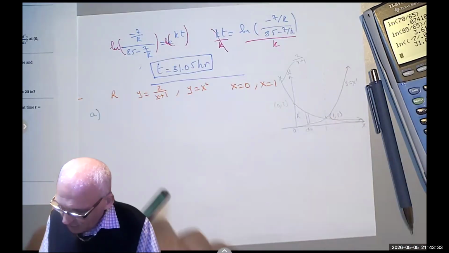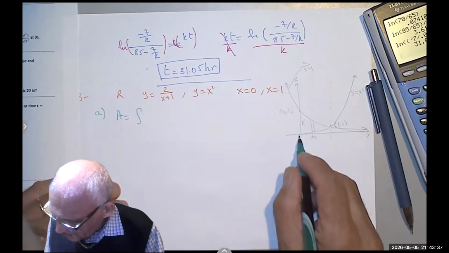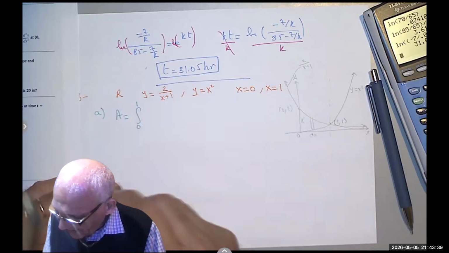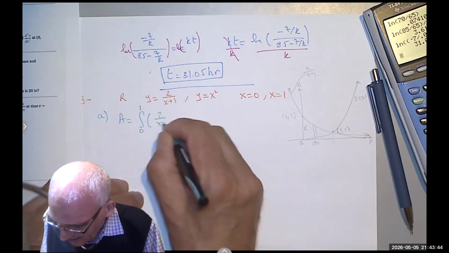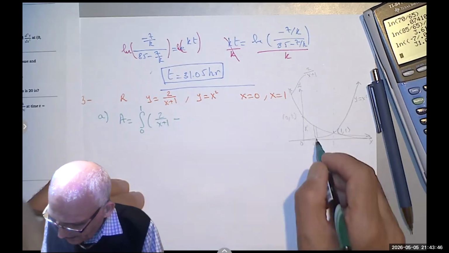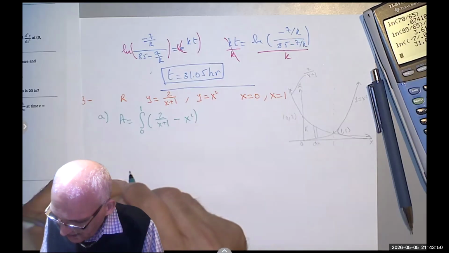So I'm going to integrate. So area equals the integral, x going from 0 to 1, the top, which is 2 over x plus 1, minus the bottom, which is x squared, dx.